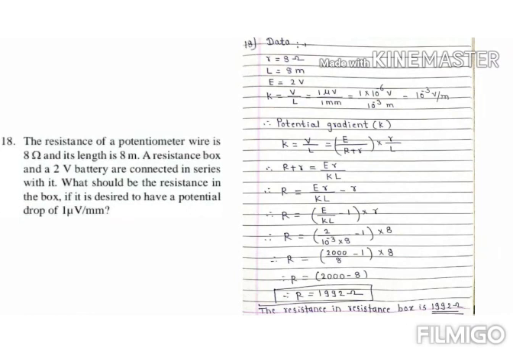Therefore, R is equal to 2000 minus 8. Therefore, R is equal to 1992 ohm. Therefore, the resistance in the resistance box is 1992 ohm. In this way, we have completed the chapter current electricity.